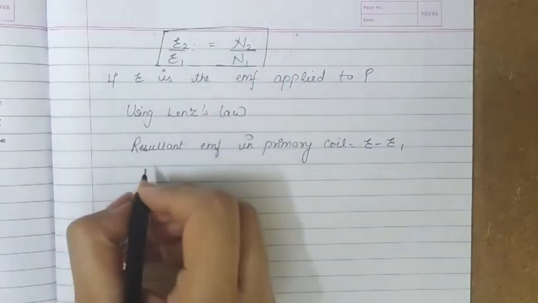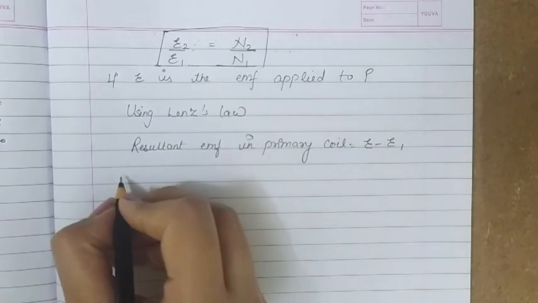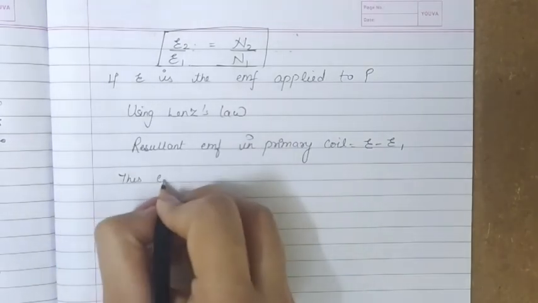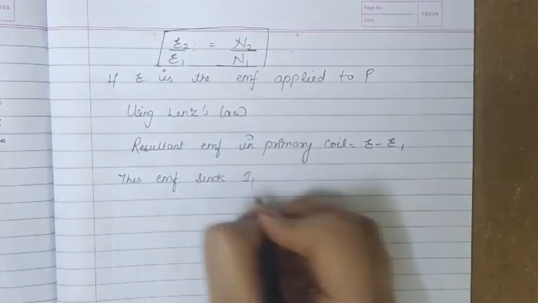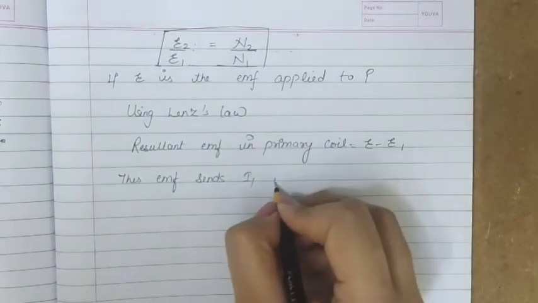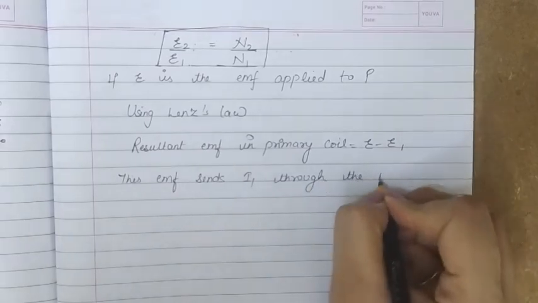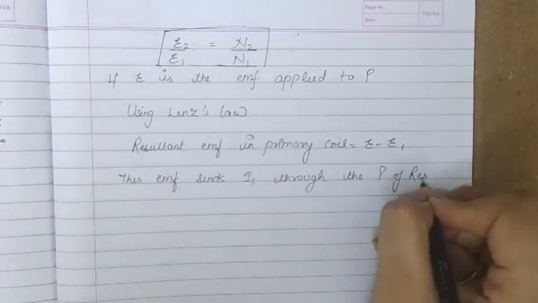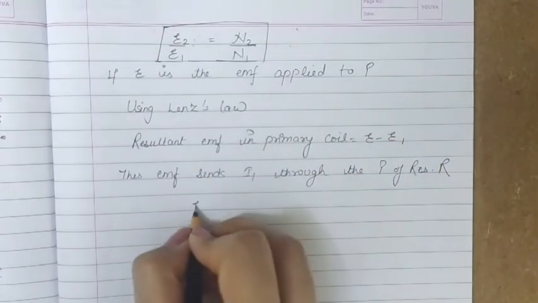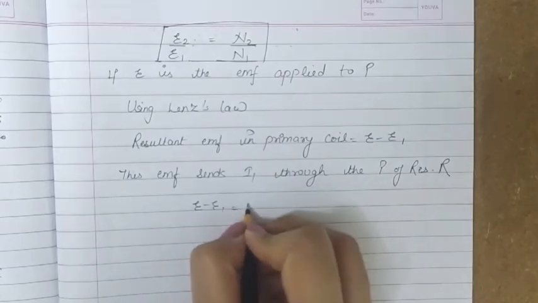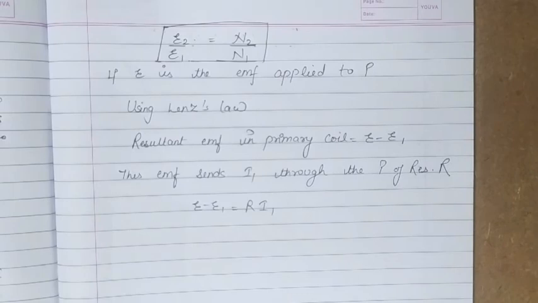Now this EMF sends current I1 through the primary coil of resistance R. If this resultant EMF is sending current I1 through the primary coil of resistance capital R, then this EMF should be equal to R I1.